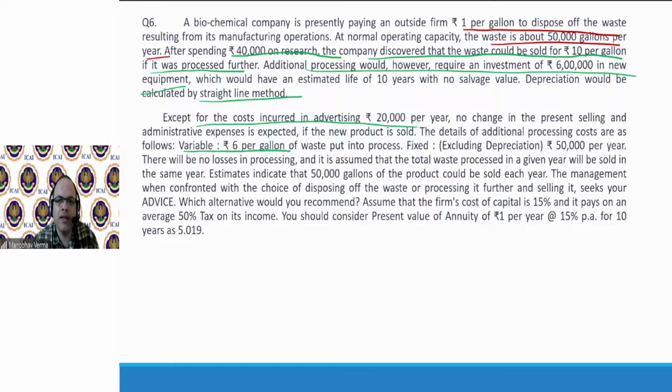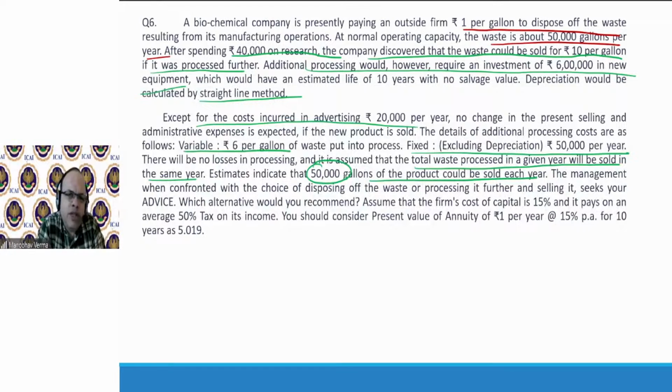Variable is 6 per gallon, fixed excluding depreciation is 50,000 per year. And they're saying that there are no losses in processing. It is assumed that the total waste processed in a given year will be sold in the same year. And estimates are the same. 50,000 gallons will be processed further and sold each year. So now management is confused. Management is coming to you. You guys are future CAs, future chartered accountants.